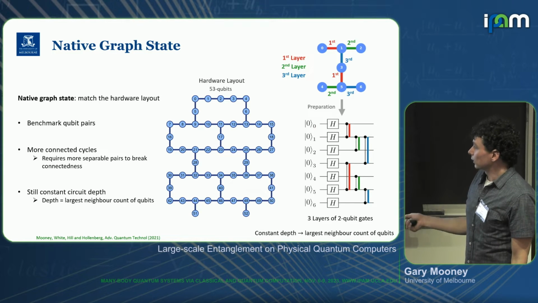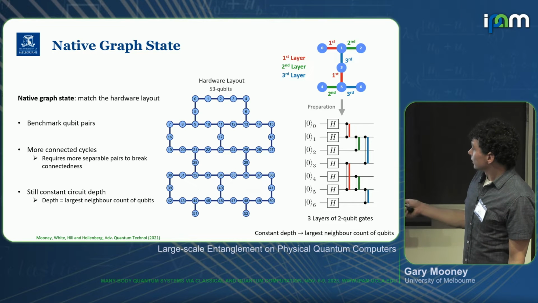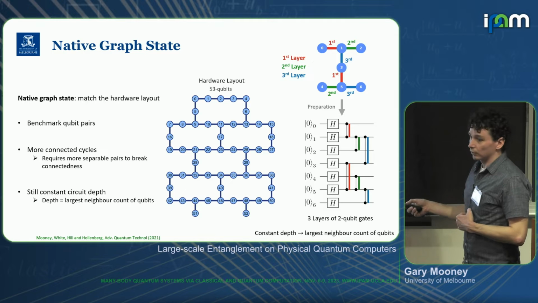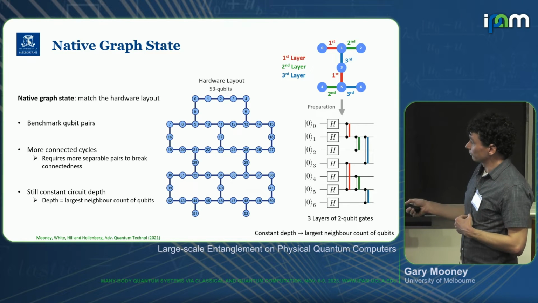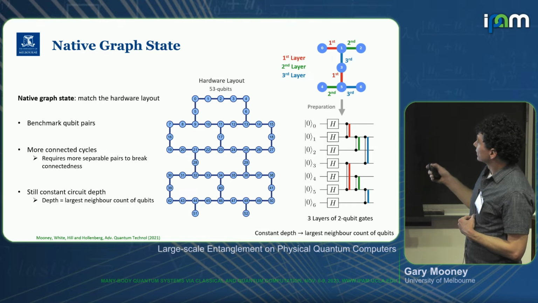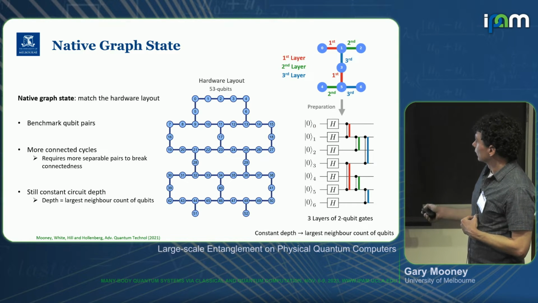And it's still constant depth. And the depth of the circuit depends on the degree of the qubits, so the maximum number of qubits that each qubit connects to. And you can sort of use this embedding just to count that.